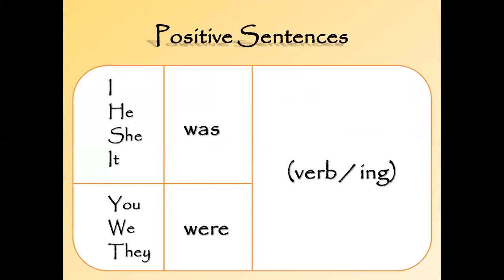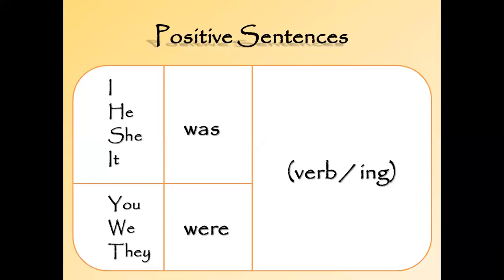And now let's move on to talk about the positive sentences. Of course, for any tense, we should talk about three divisions. We divide the tense into positive sentences, negative sentences, and the questions or the interrogative sentences. As for the positive sentences, we should use the nouns or the pronouns like he, she, it, I, you, we, and they.